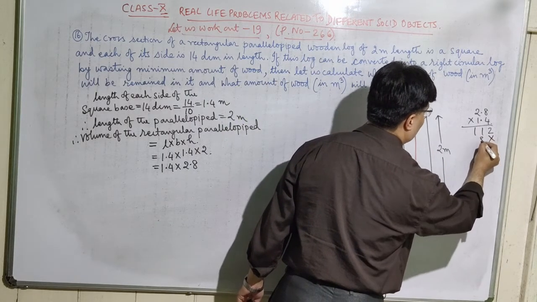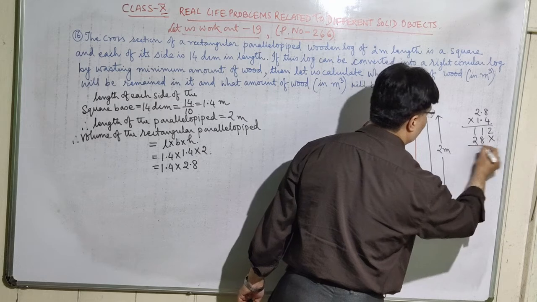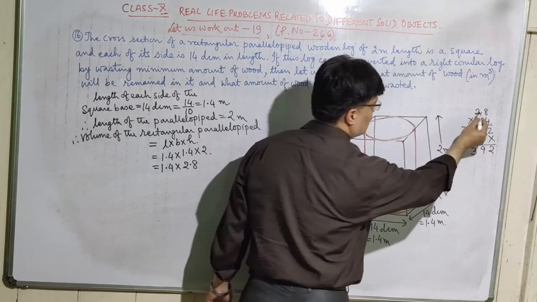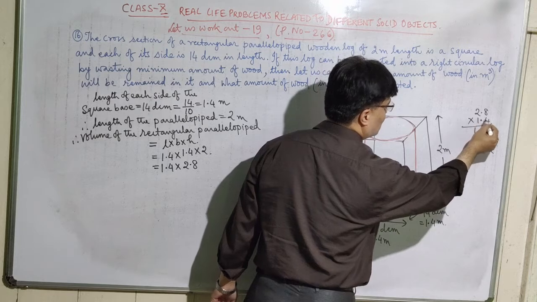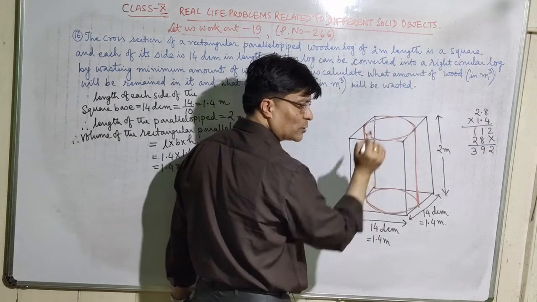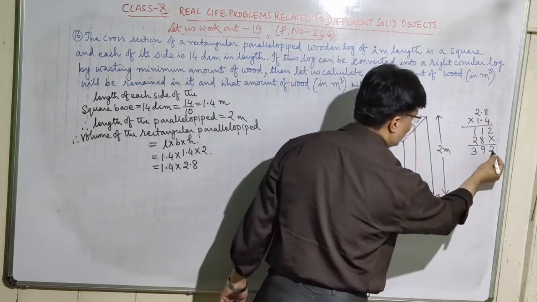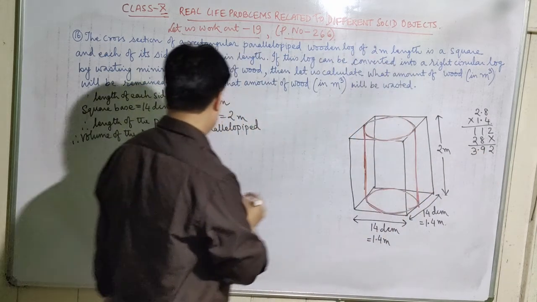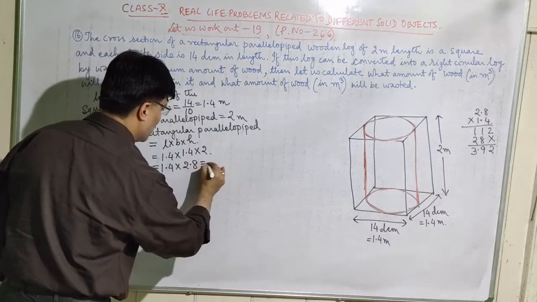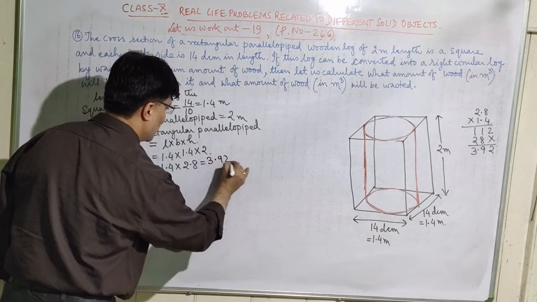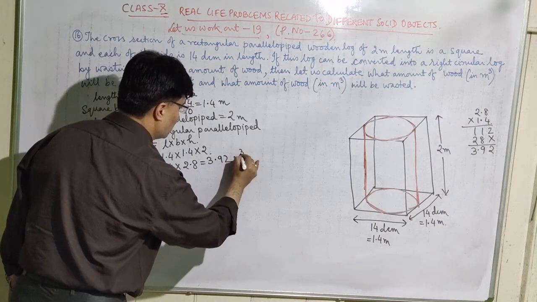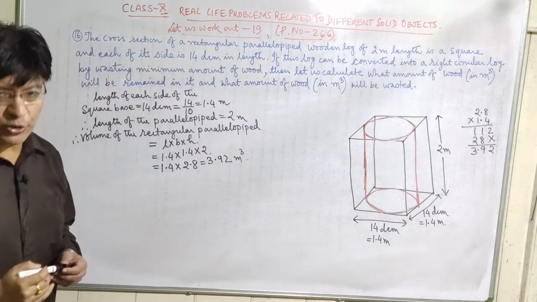Then 1 8 is 8, 1 2 is 2. So it is 392. After the decimal point there is one figure in each, 1 plus 1 is 2, so write the decimal point before two figures from the end. That is 3.92. Since this is the volume, the unit is meter cube.